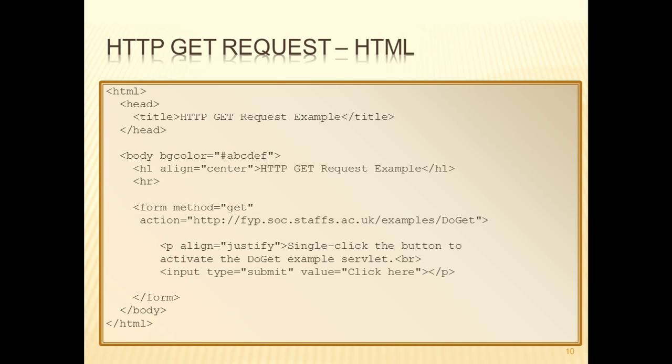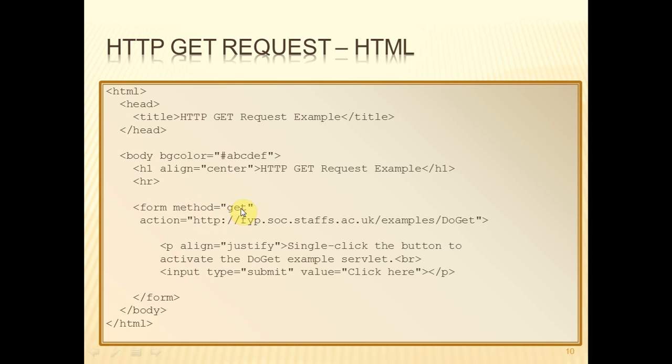It's just a link. So if we have any data to send in, for example a username and password, or address and date of birth and things like that, then we would need to put that inside an HTML form. And what you can see on screen here is an example of an HTML form.